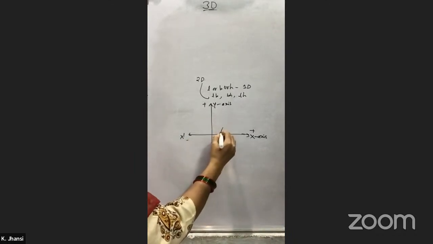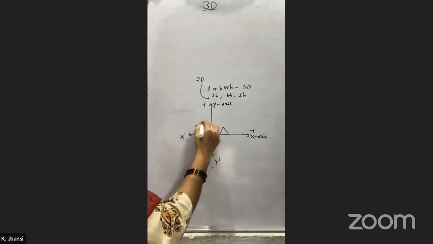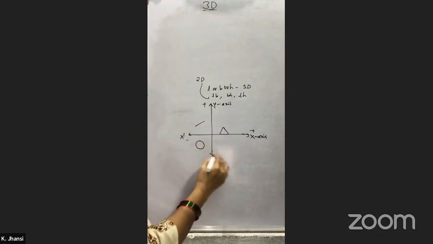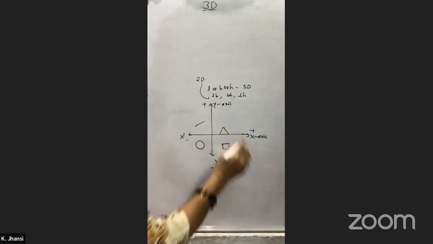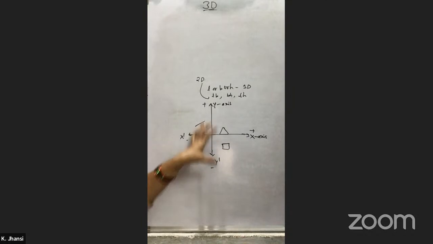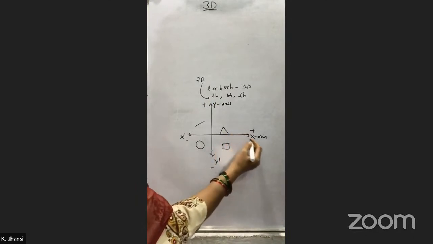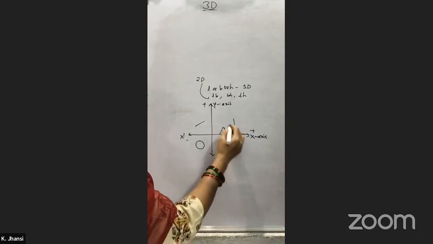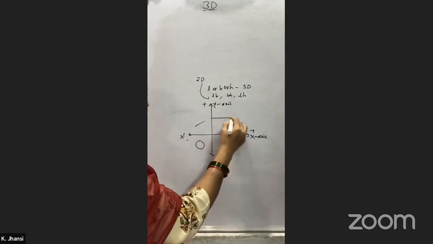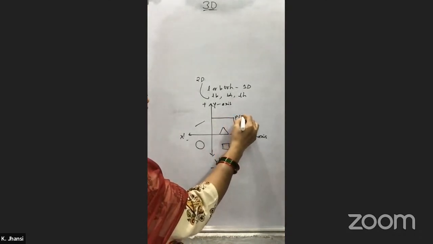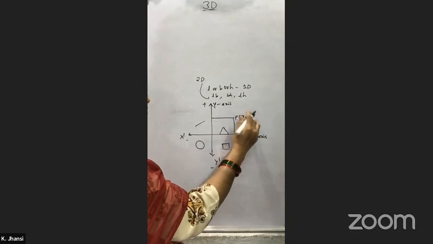So whatever figures we have drawn here, either the triangle or the line or the circle or whatever it is, that you have seen in 2D, and they will have only the two axes, x and y axis. And we have even seen what the coordinates are. If you see any point P on this plane, you'll have the coordinates as x comma y.